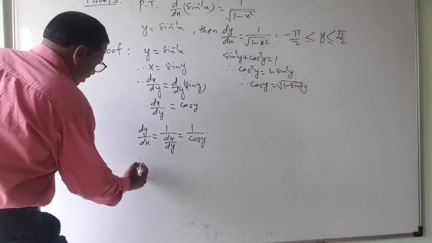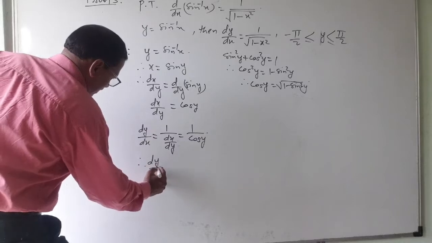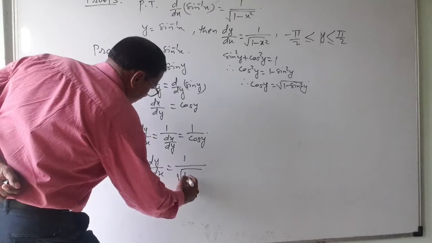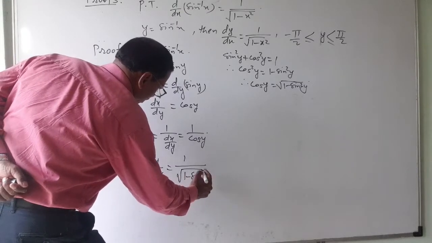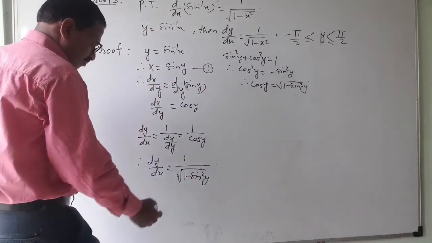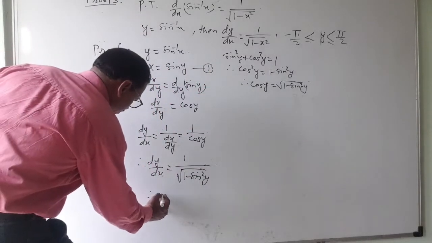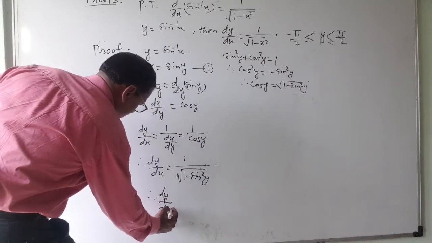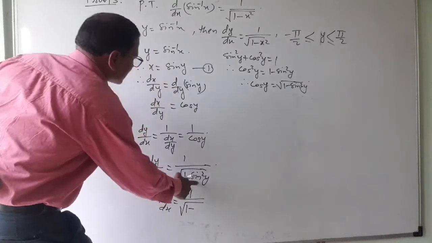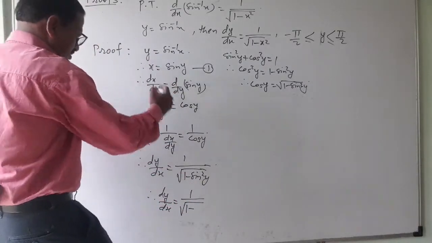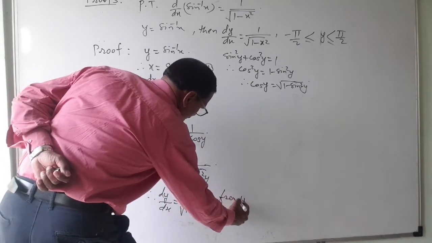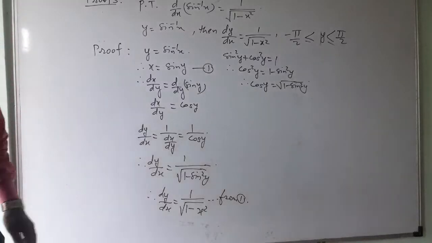So dy by dx is 1 upon cos y, which is 1 upon root of 1 minus sin square y. Say this is number 1. From 1 we can write, dy by dx is equal to 1 upon under root of 1 minus x square, since sin y is x. That's the proof.